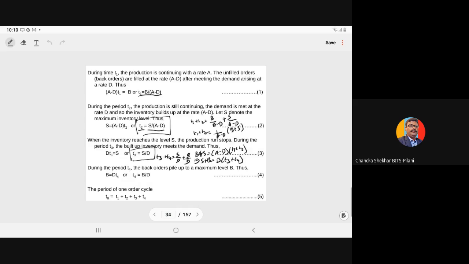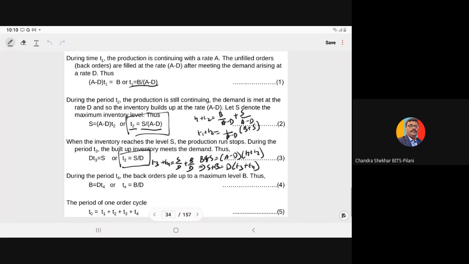In T1 we clear the back orders with the rate A minus D. A is the production rate, D is the demand. So we clear the back orders with the rate A minus D for the period T1. Here (A minus D) into T1 is equal to B, which implies T1 is equal to B upon (A minus D).